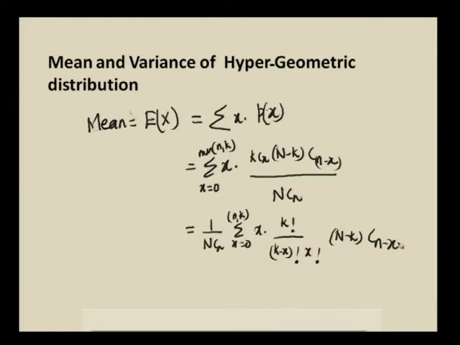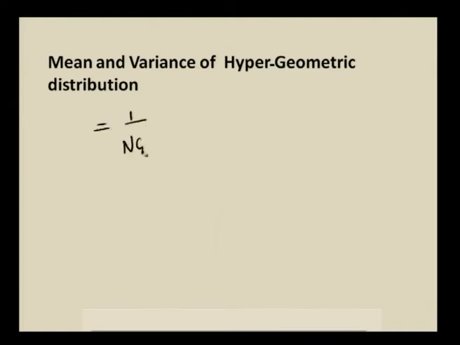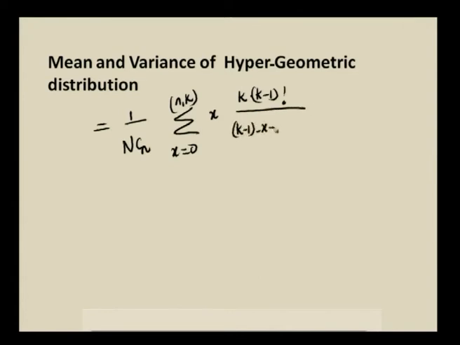That gets cancelled by nCn, summation x equal to 0 to minimum of n comma k. And what is that here? k factorial, I will write it as k into (k minus 1) factorial by (k minus 1 minus (x minus 1)), same as (k minus x) factorial itself, and x factorial I am writing as x into (x minus 1) factorial, right, and then (N minus k) C (n minus x).